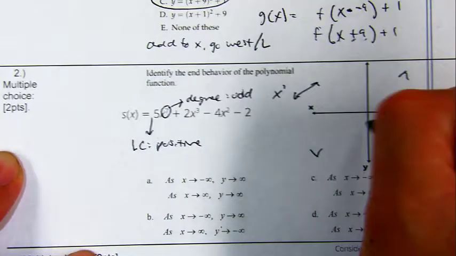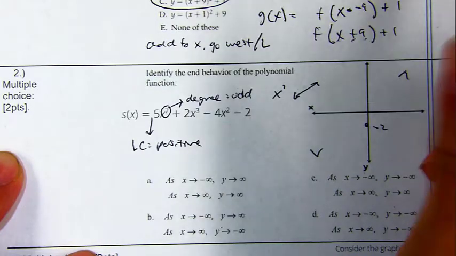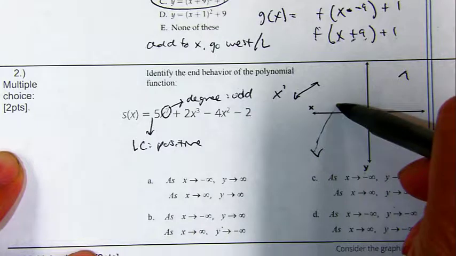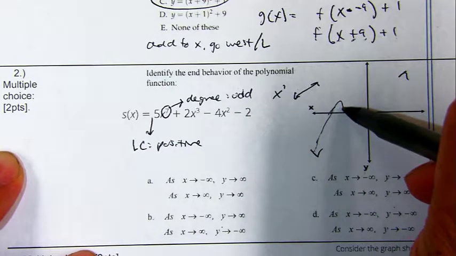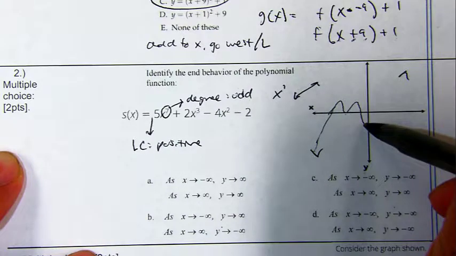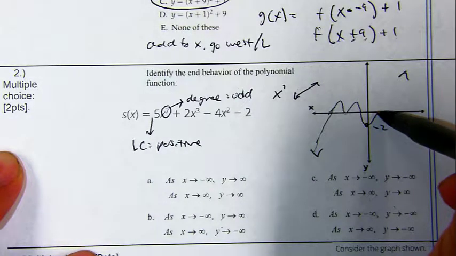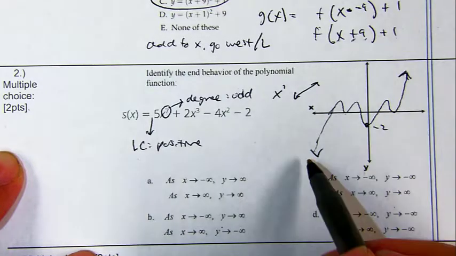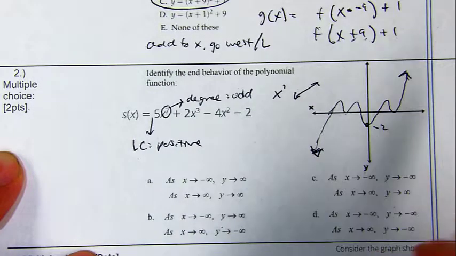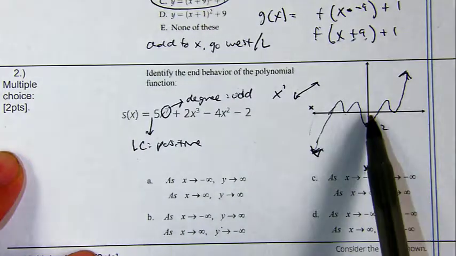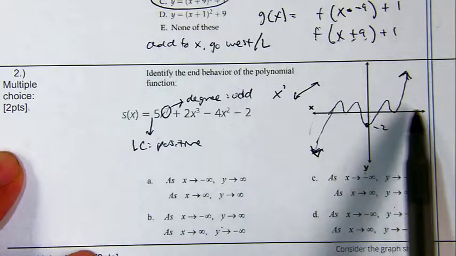I don't know if you want more details. 1, 2, 3, 4, 5, 6, 7. But anyways, the big idea as your x values go positive, let me just write.